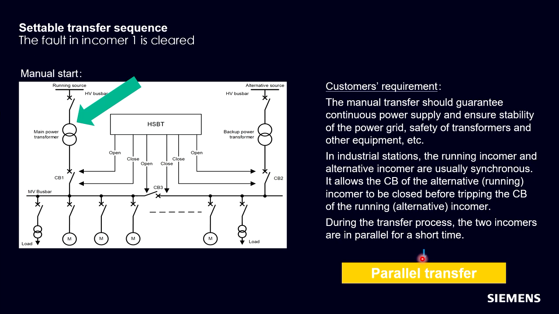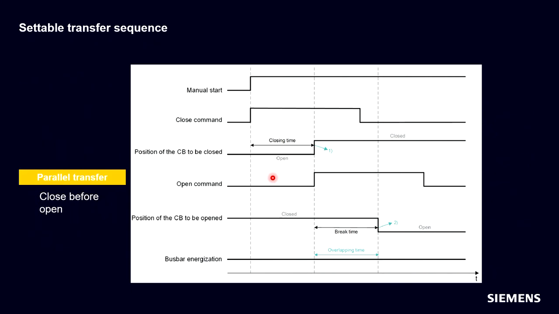And this is used by the paralleling transfer. That means both breakers are in for a short time, and then we open the breaker. And this looks like this here. So that means we have a manual start command. So we have the close command for the breaker, and we have the open command, which is coming later.